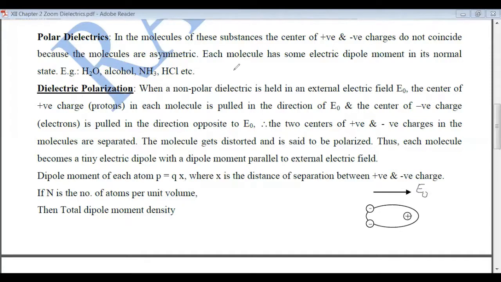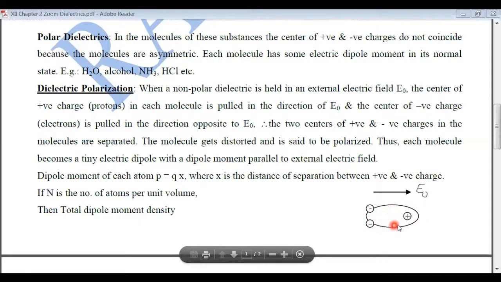So dielectric polarization means when a non-polar dielectric molecule is placed in an external electric field, here E0, the positive charge experiences a force along the direction of E0 and the negative charges in the opposite direction. So the molecule gets distorted, it gets elongated, and the center of the positive and the negative charge get separated by a small distance.